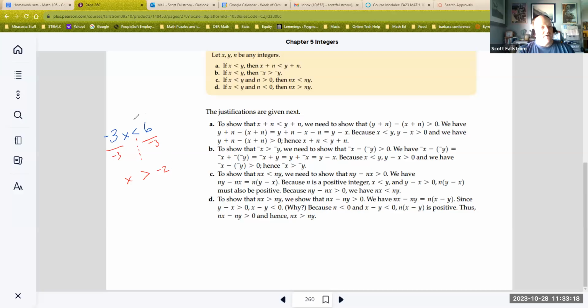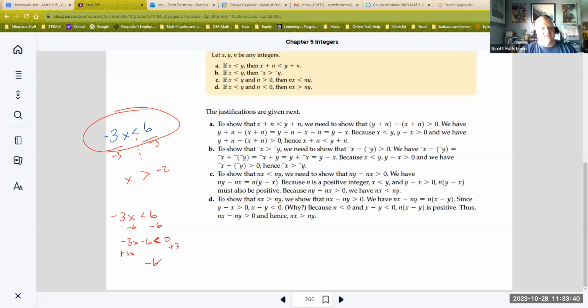If you want to see why that is the case, let's start with this one and do something you are good with. -3x is less than 6. You could subtract 6 from both sides, leaving you -3x minus 6 is less than 0, and then add 3x to both sides. Oops, not less than 0, greater than.